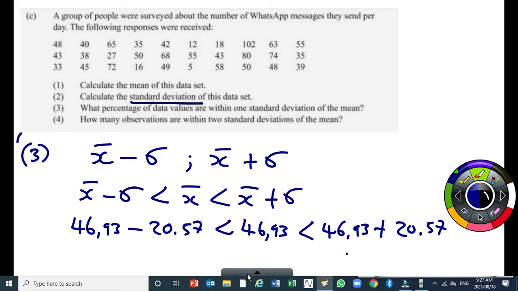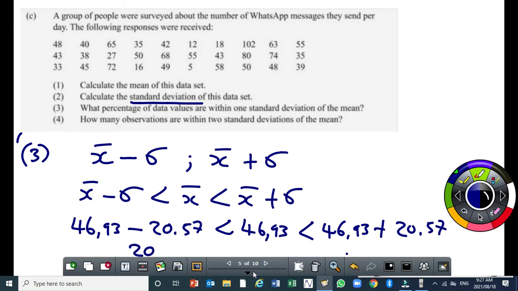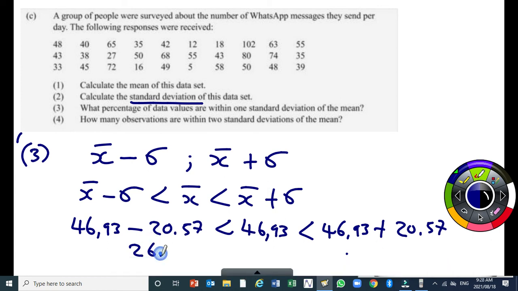Can someone do the subtraction here? It will be 26.36. So 26.36 is less than 46.93, which is less than 67.5. Yes. Now, you are going to tell me how many values are between 26.36 and 67.5.